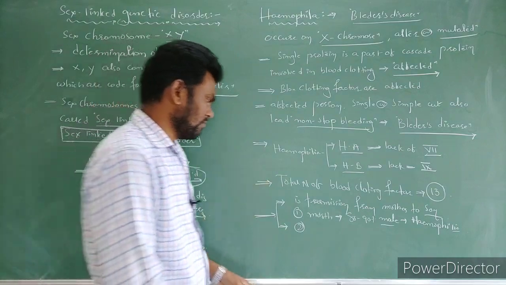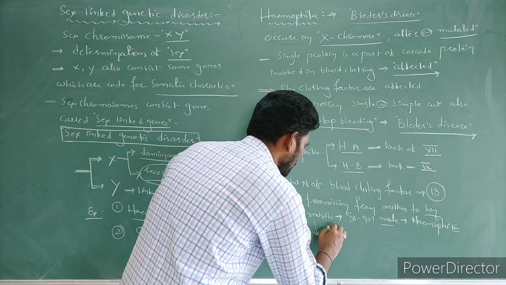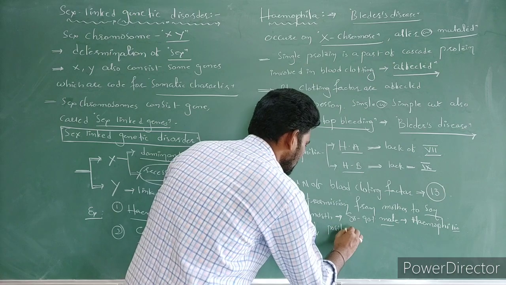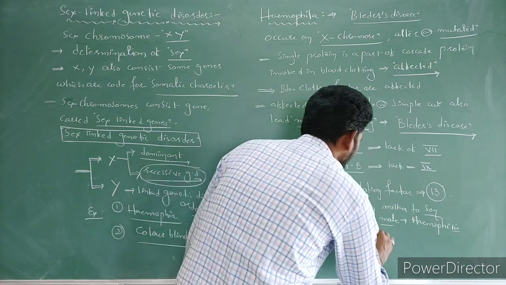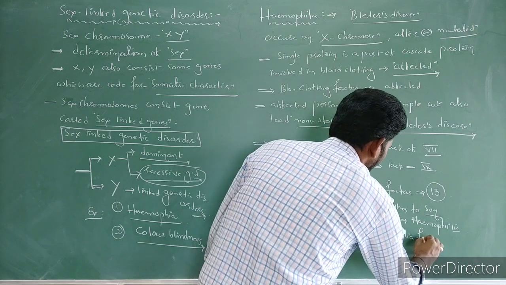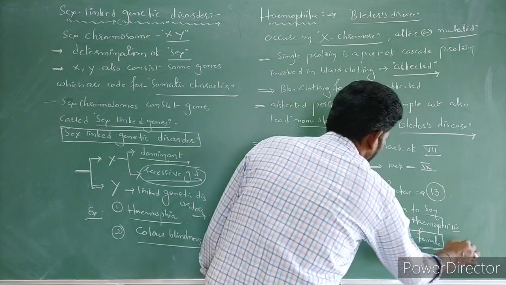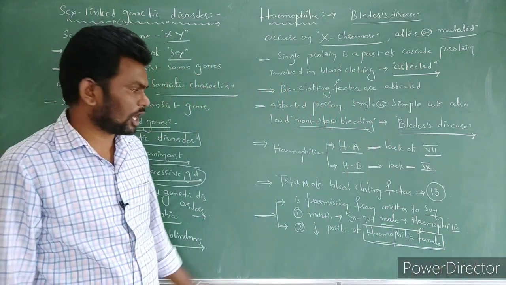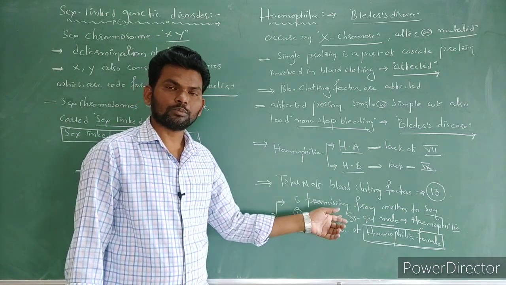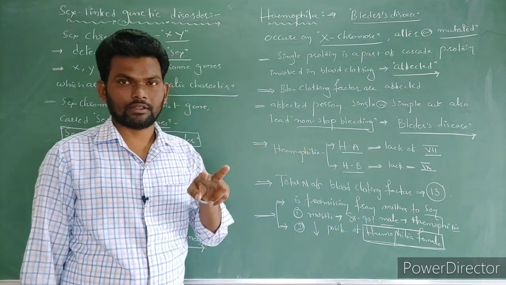And there are very less chances, very less possibility, of a hemophilic female. In the normal population, we can't observe hemophilic females, because most of the females act as either normal or carrier.